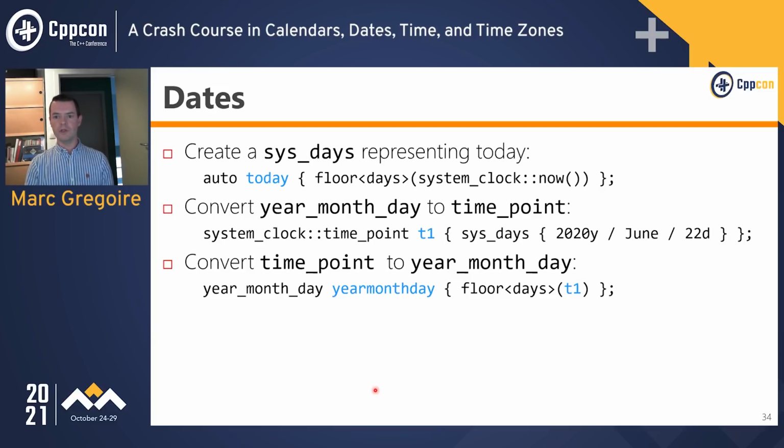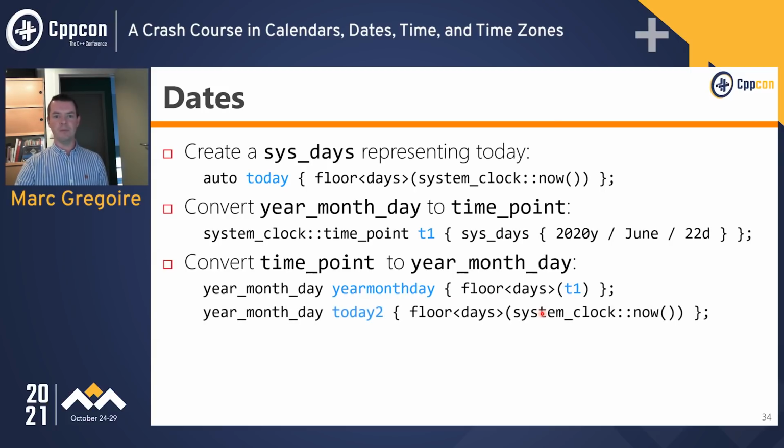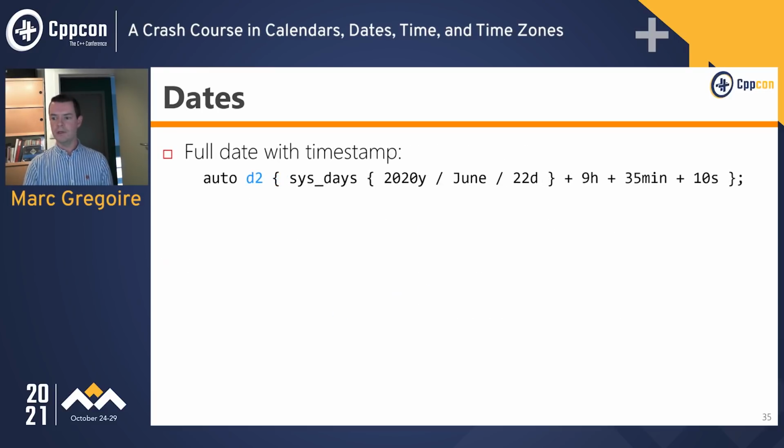The opposite conversion, converting a time point to a year, month, day, can be done with one of its constructors. So here I'm just constructing a year, month, day and pass it a time point T1, which I truncate to a precision of days. Of course, you can also just get the current system clock time, truncate it to a number of days, and use it to construct your year, month, day.